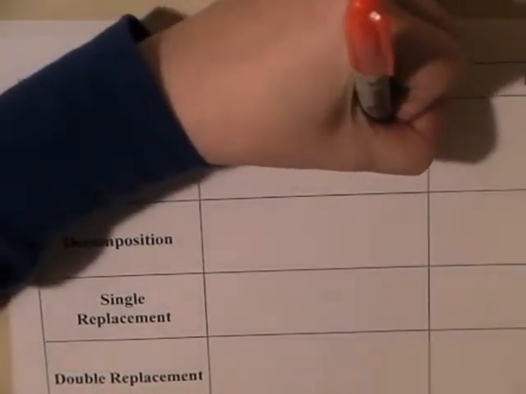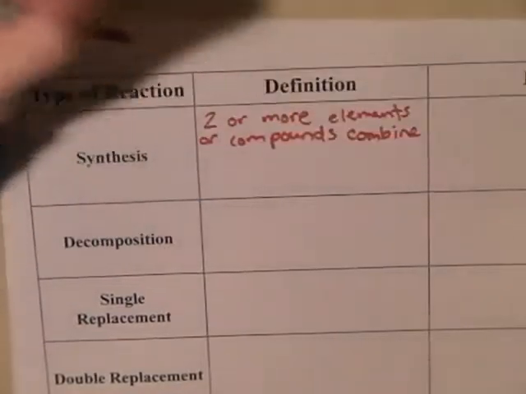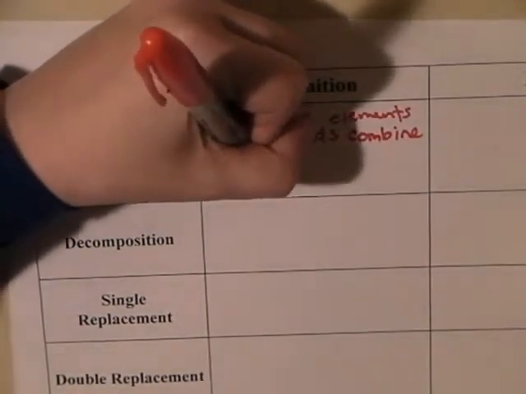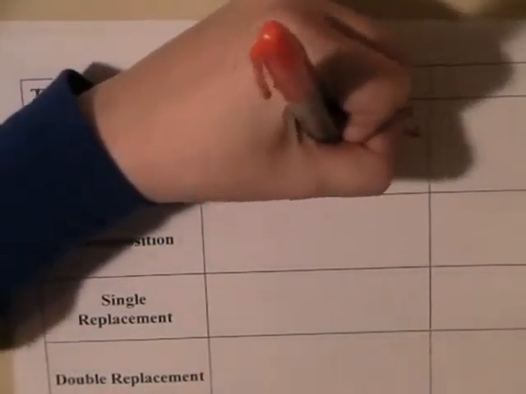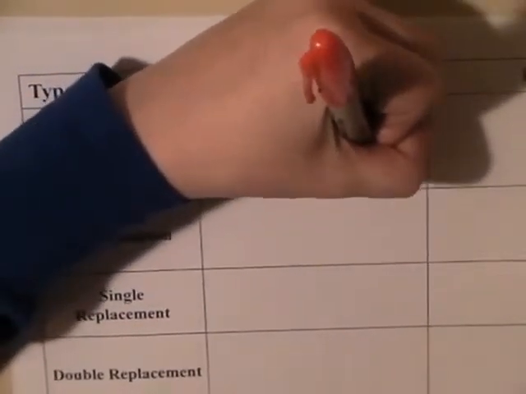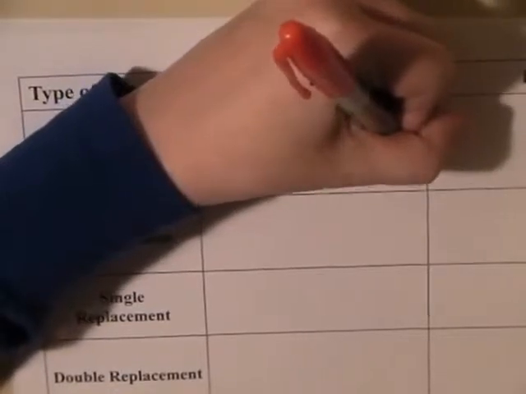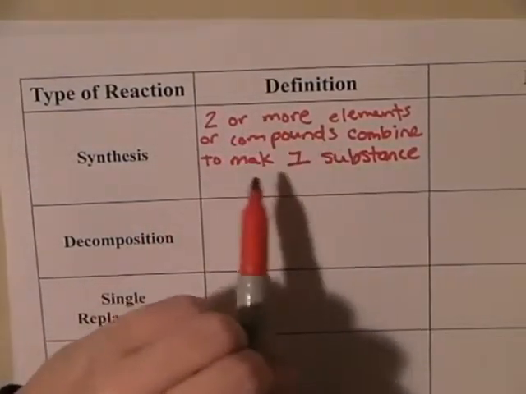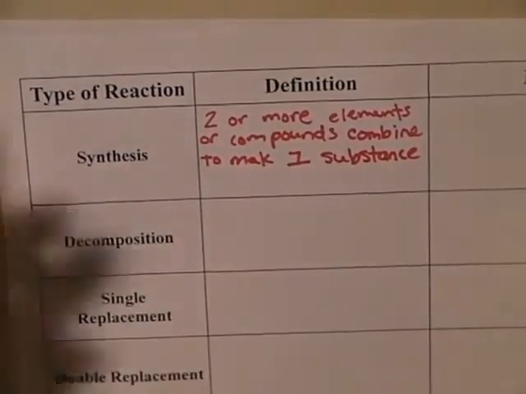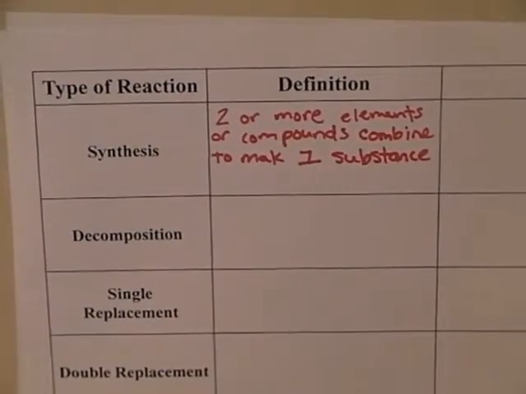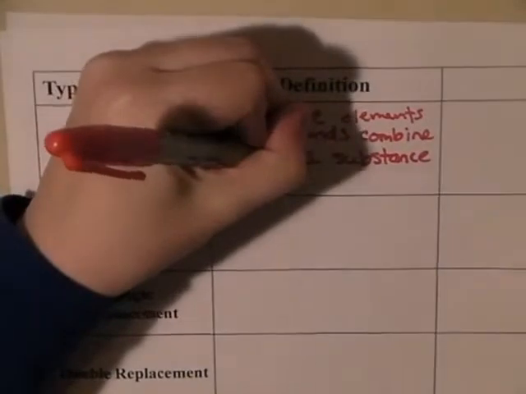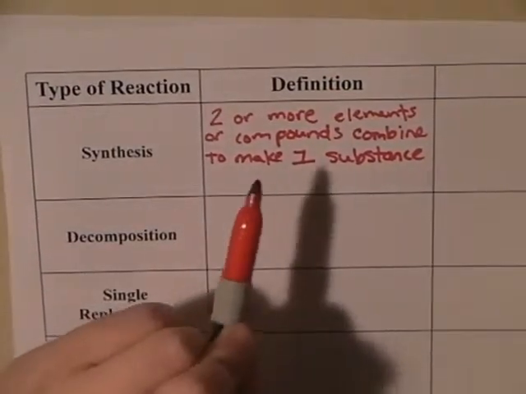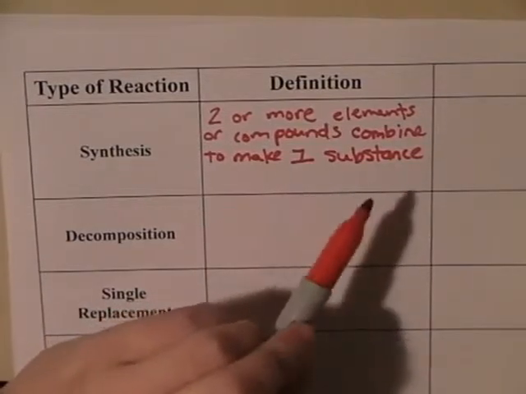It's when 2 or more elements or compounds combine to make one substance. Alright, so in synthesis, you're taking 2 or more smaller things and combining them to make one large substance or one large compound. Okay? Oops, should have an E at the end. So 2 or more elements or compounds combined to make one substance.